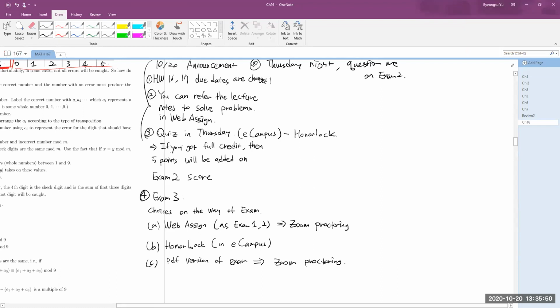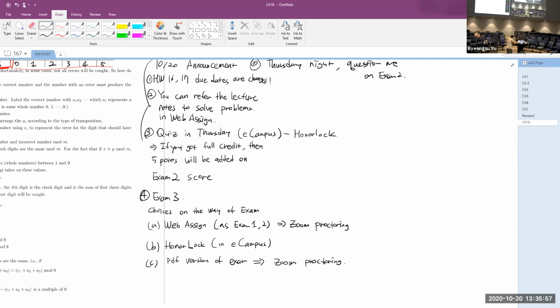And is the quiz not open notes since it is on Honorlock? Yes, but this time I will give you a formula sheet so that you don't need to memorize the formulas, right? I'm pretty sure I didn't make it right now, but I'm pretty sure the quiz will look like this: here are some formulas that you can use to make a check digit for special schemes, and we have some numbers.